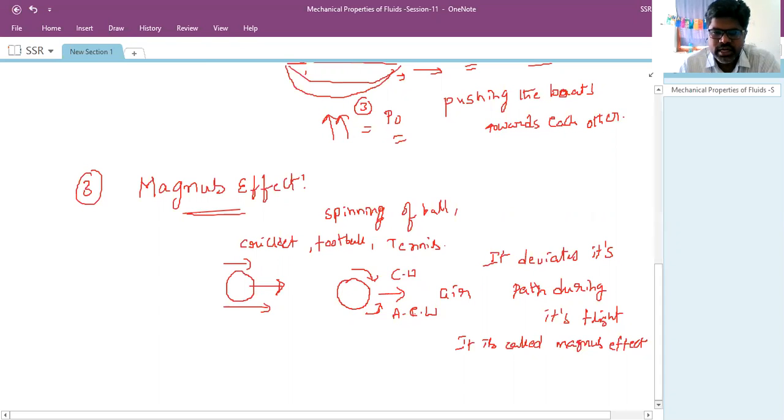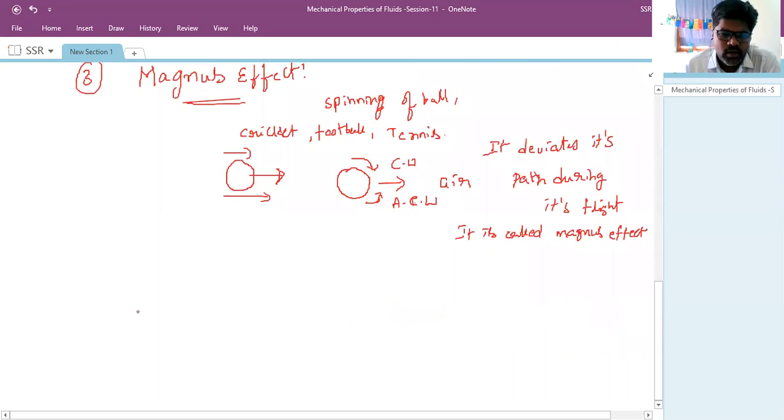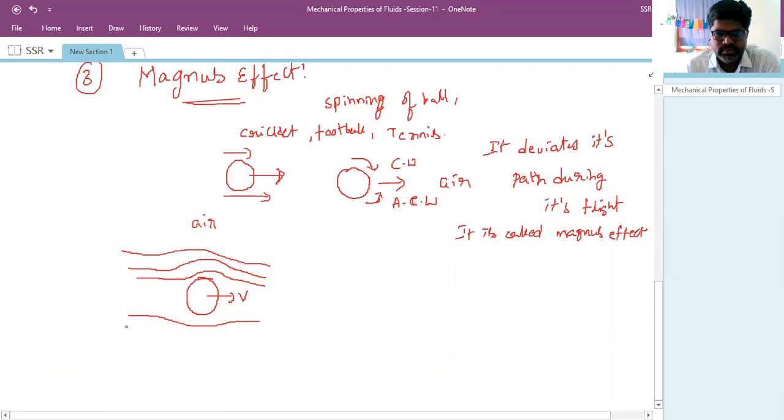Now you'll see the difference of two balls. First, the ball without any spinning. This is the ball moving with a speed v. Outside this ball we have air medium. Air medium means it is a fluid. Then the aerodynamic lines will be like this, upside and downside, when the ball is in motion.